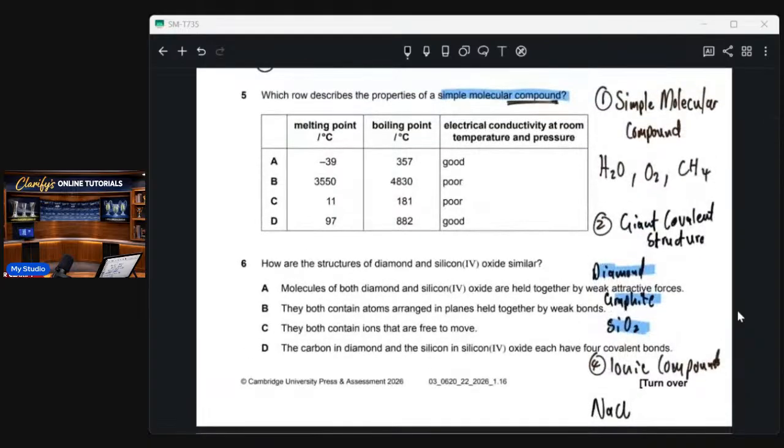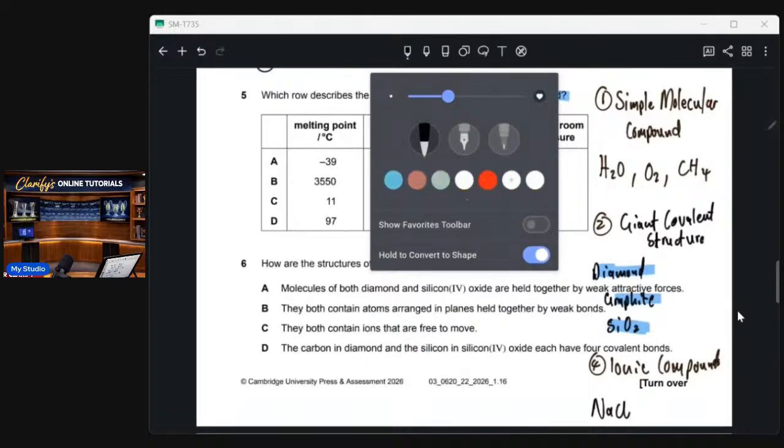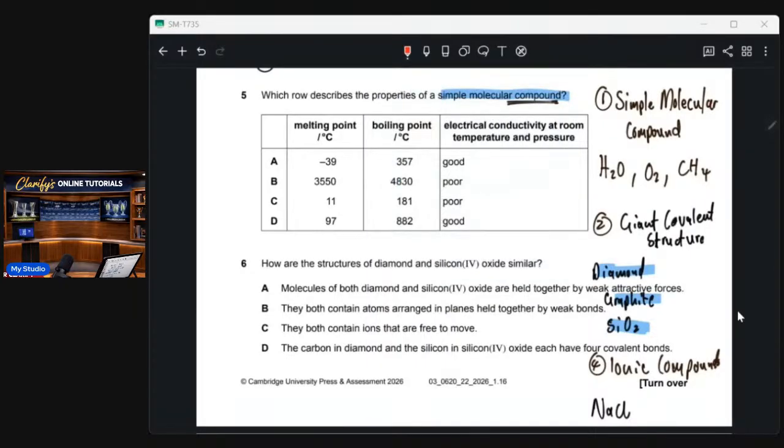So what do we know about the giant covalent structures? What are their properties? The diamond, the graphite, the silicon dioxide. What should we know about them for IG Chem? Diamond is the hardest material on earth.